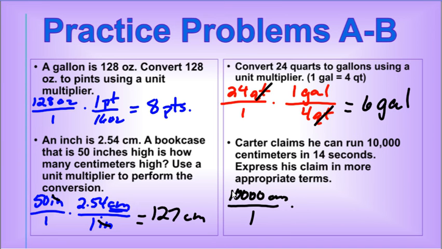So I know that there are 100 centimeters in a meter, so 1 meter is the same as 100 centimeters. Centimeters label can cancel out, and I can cancel out this 0, this 0, this 0, and this 0, so I'm left with 100 meters in 14 seconds.